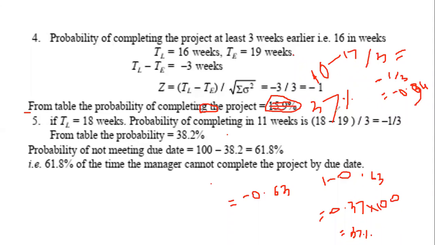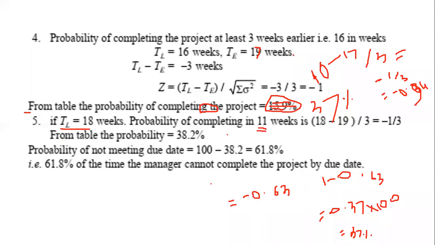Have you understood? Hello? Yes, sir. Okay, similarly, what is the condition given? Here you are considering TL as 17, but in the problem it is given that if TL is 18, what is the probability of project completion in 11 weeks?